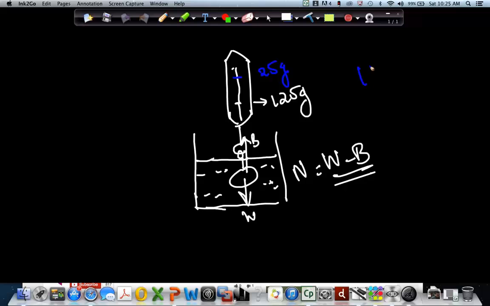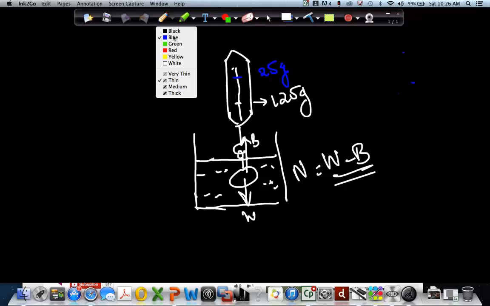So now 125 gram force minus 25 gram force is the net force acting. N is equal to 125 gram force minus 25 gram force. Agreed, students?